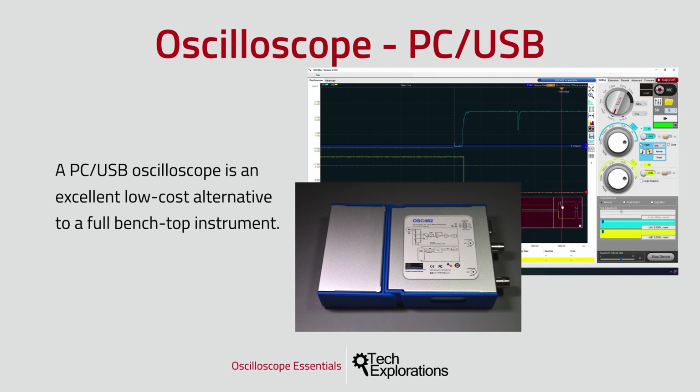So to wrap this one up, if budget is an issue, I do recommend that you look for a PC USB oscilloscope that you can afford, because this is going to be a very good investment for you to learn how to use an oscilloscope, and it will make the transition to a full-sized benchtop oscilloscope much easier than without it.